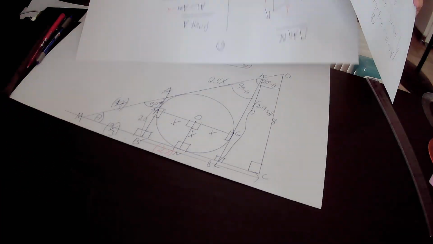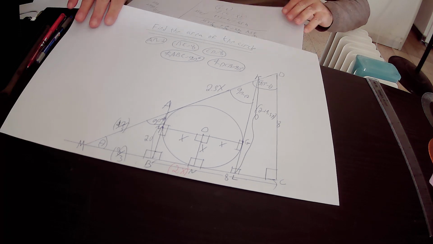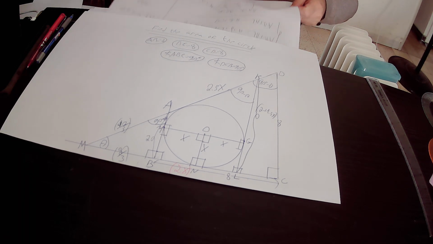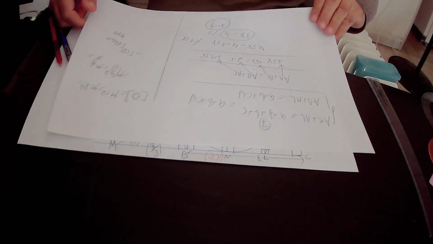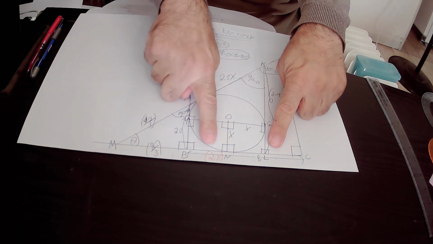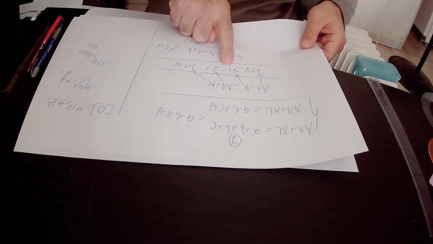So here we have AK equals 2.5x, so we substitute AK by 2.5x. BL equals 2x, therefore we substitute BL by 2x.